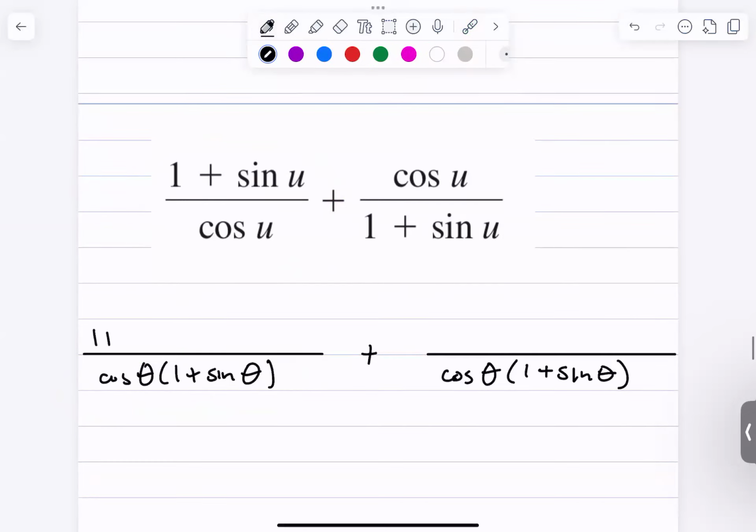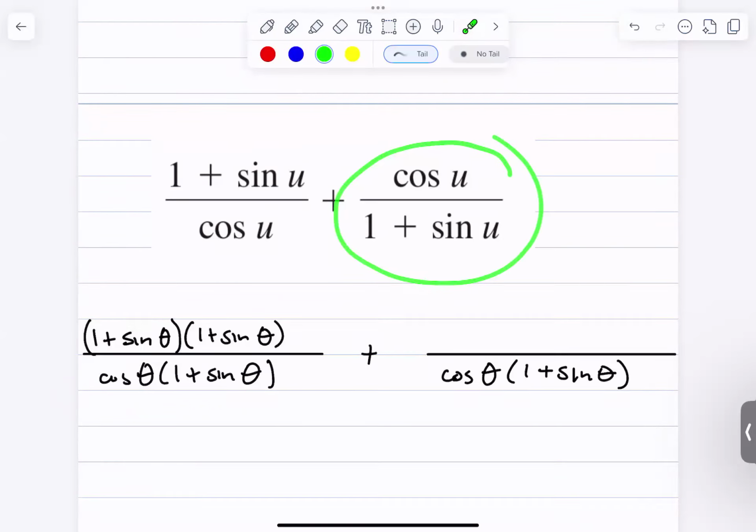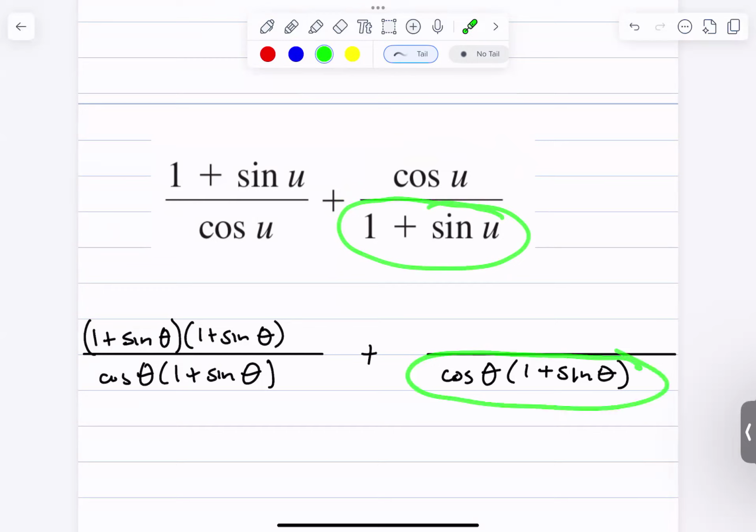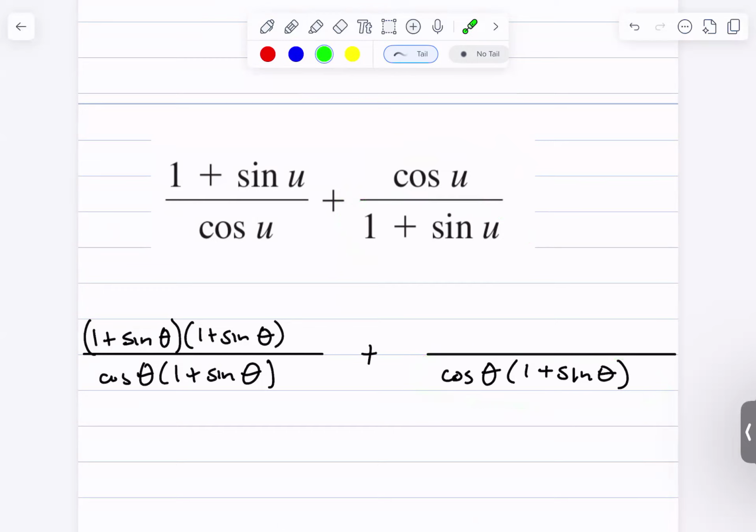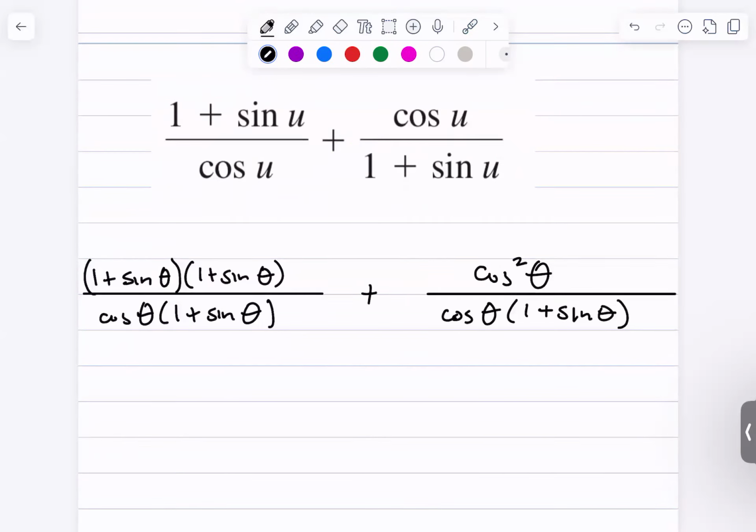So 1 plus sine theta times 1 plus sine theta. My second fraction, how do I get from my denominator of this to this? Multiply by cosine. So I'm going to multiply cosine with cosine, it's cosine squared. Right? Everybody with me?